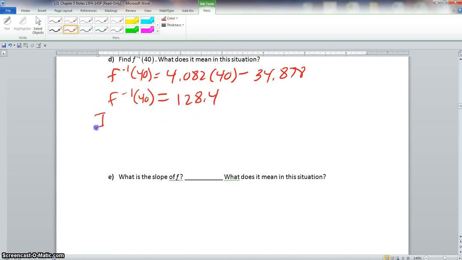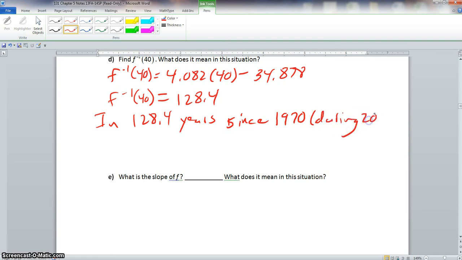So basically this is saying in 128.4 years since 1970, and that would be approximately the year 2098. It's a long time from now.